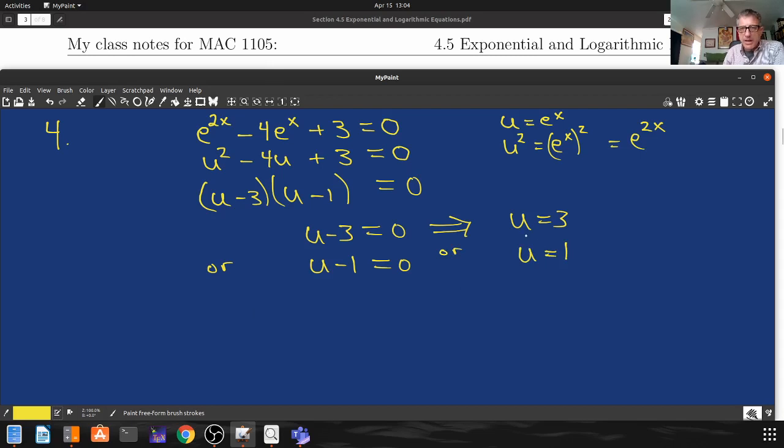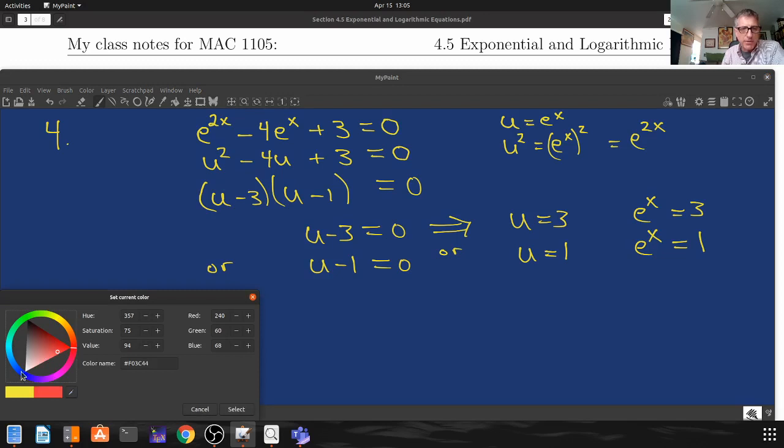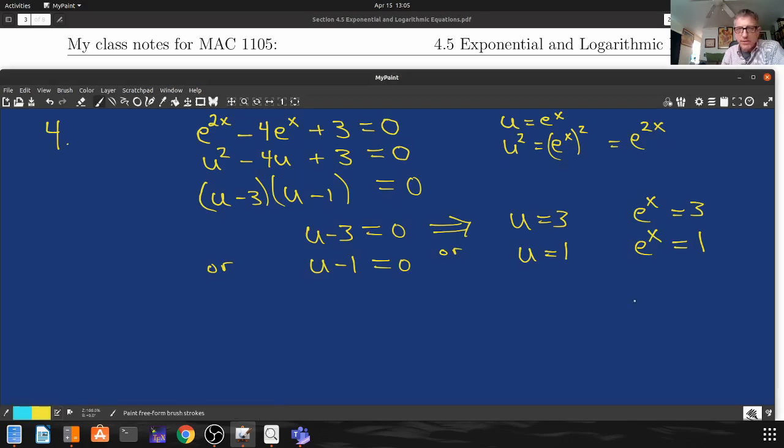So with that in mind, let's substitute u. U is e to the x. So e to the x is equal to 3, or e to the x is equal to 1. Let's concentrate on this one right now. We're going to solve both of them, but I want you to think for just a second about this one. e raised to what number is equal to 1?